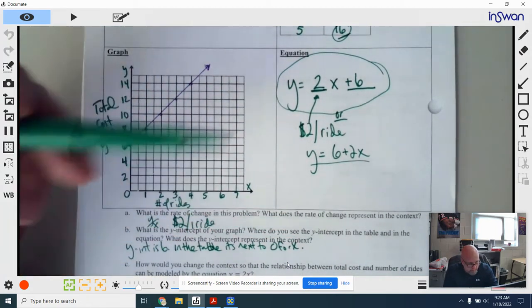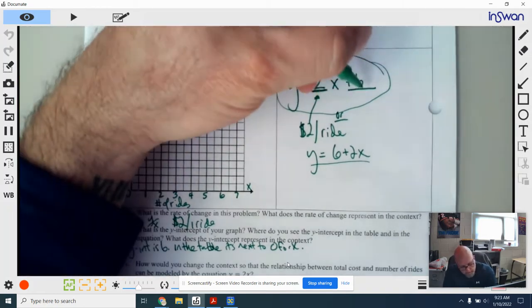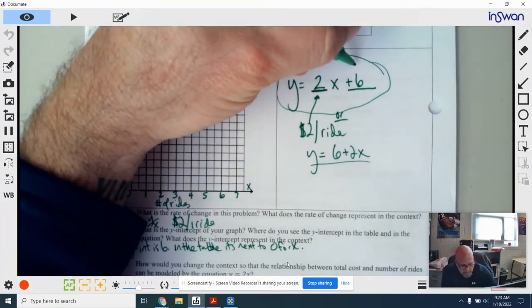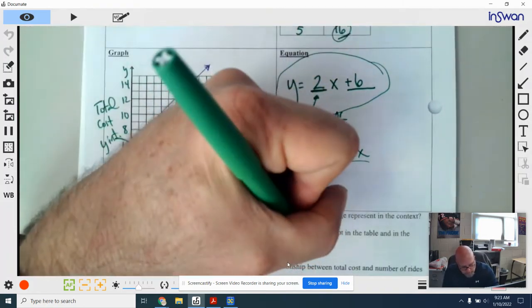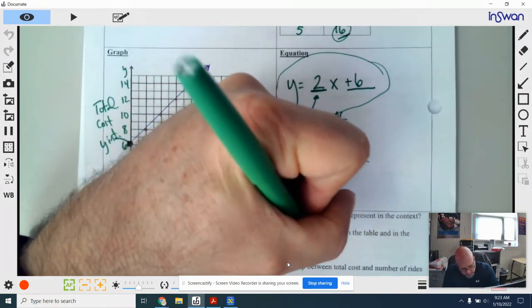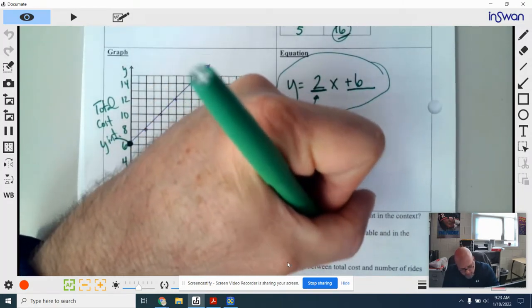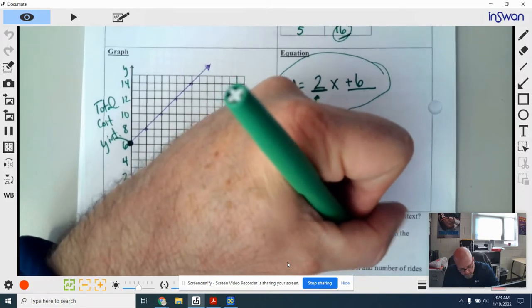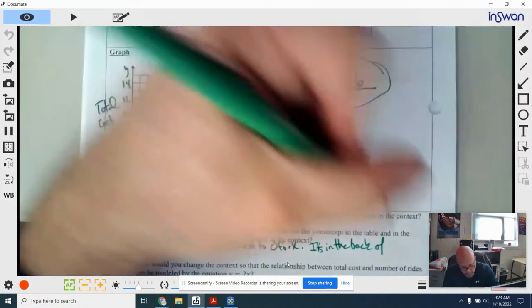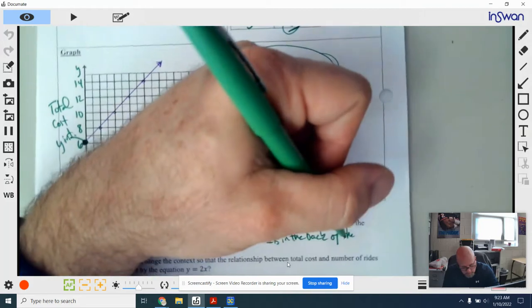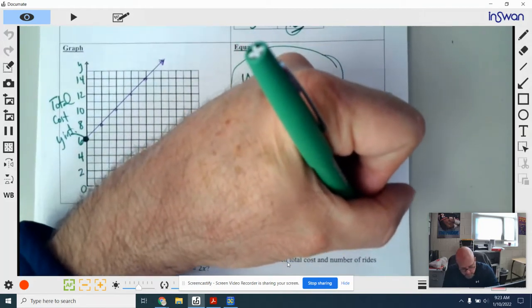Where do you see the y-intercept in the equation? Well, the y-intercept in the equation is usually in the back there. So we can say that's 6. It's in the back of the equation.